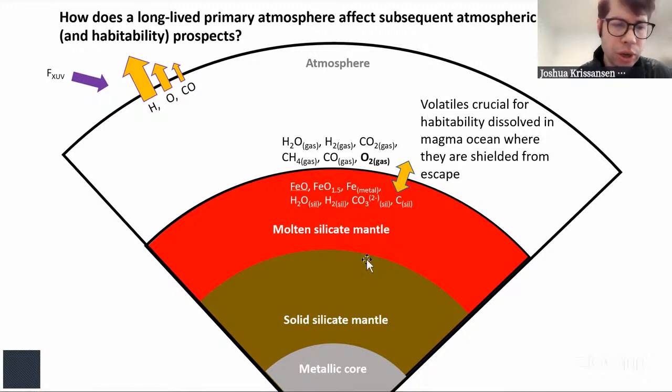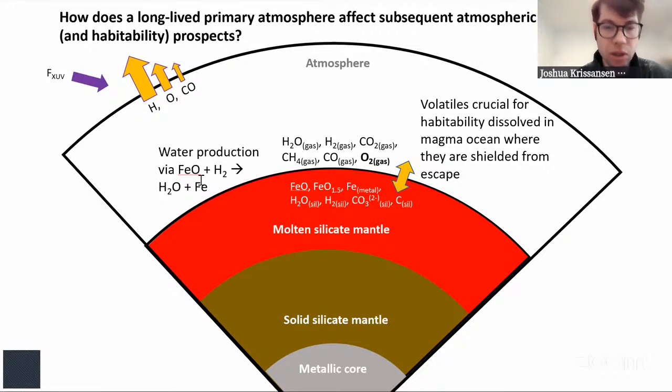And we also try to incorporate chemical reactions between these volatiles and the molten silicate interior. So for example, iron-bearing silicates can react with hydrogen in your primary atmosphere to replenish water and produce metallic iron. And so we try and incorporate these reactions into our model.